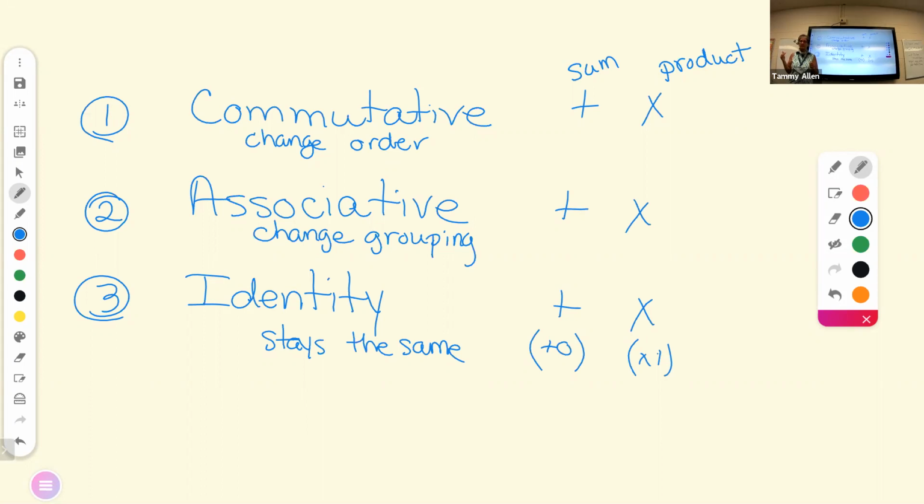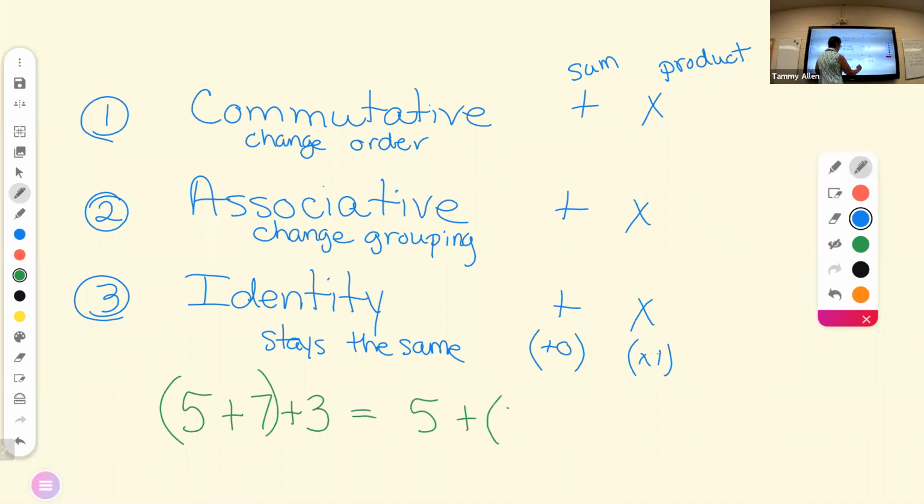All right. So here we go. On your paper, I want you to write down these examples. Write down that example.